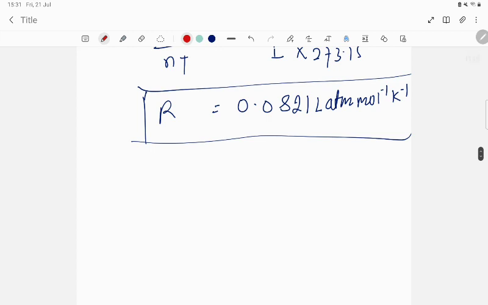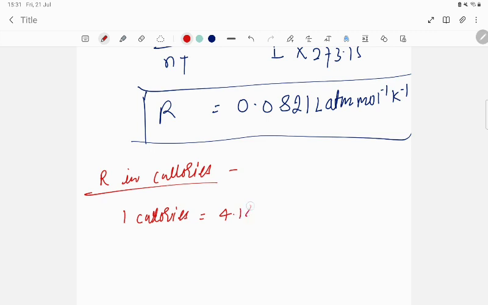Next one, R in calories. How do we calculate in calories, student? 1 calorie is equal to 4.184 joule.